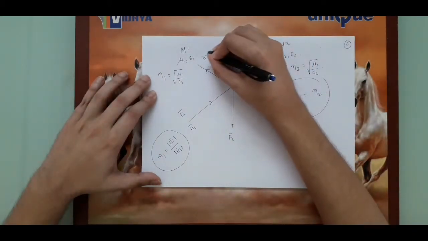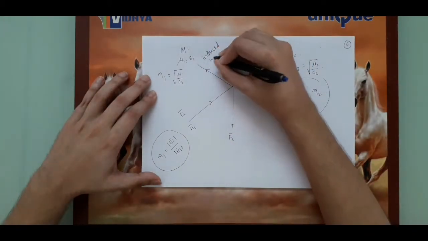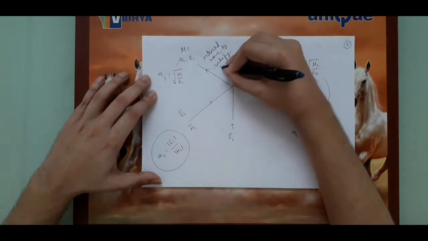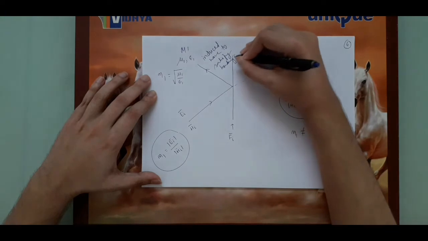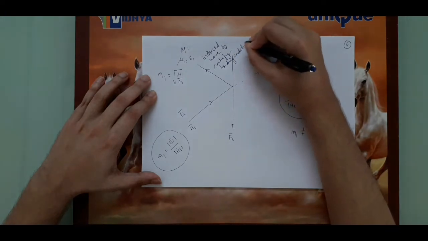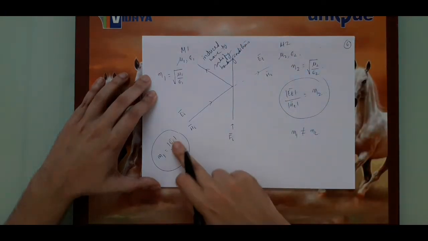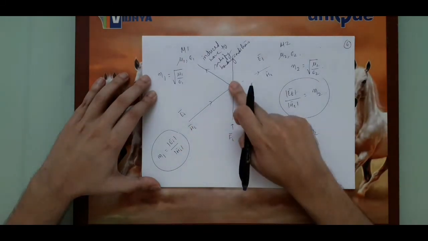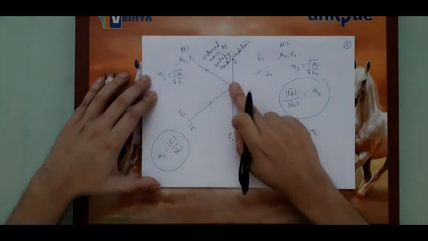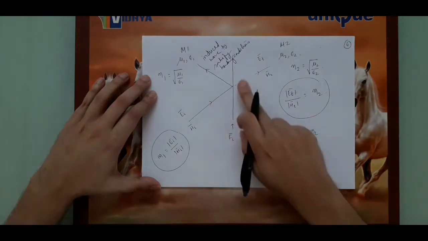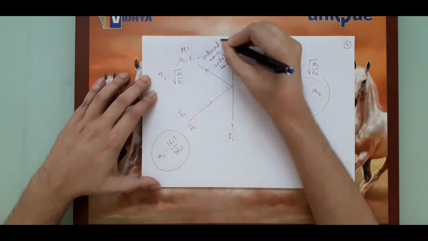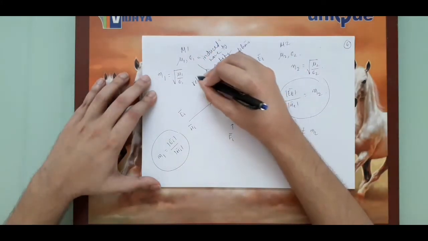And this is the induced wave to satisfy boundary conditions, where we can say that the sum of fields because of the incident wave and the induced wave will now be continuous with the transmitted wave field. And this induced wave is what we call the reflected wave.